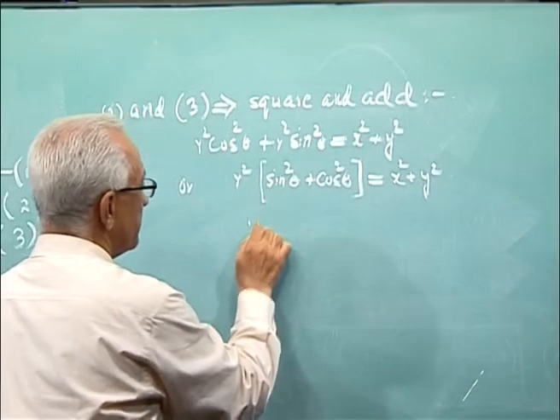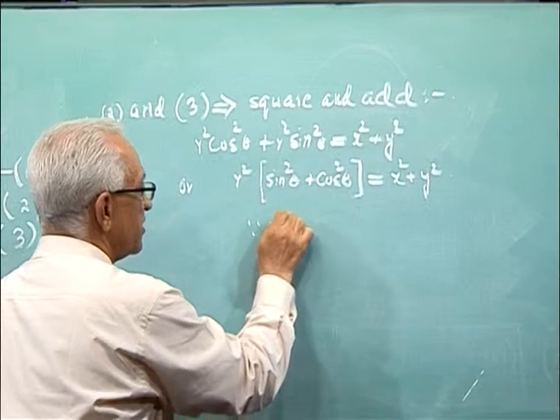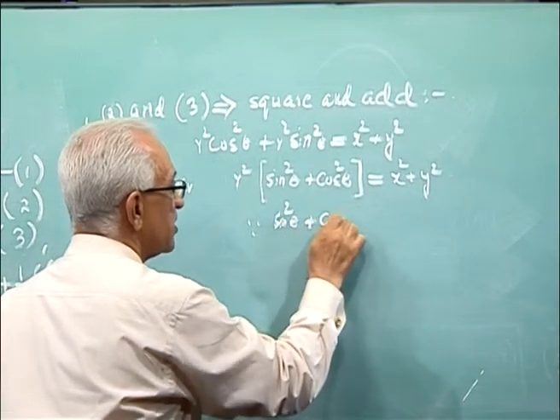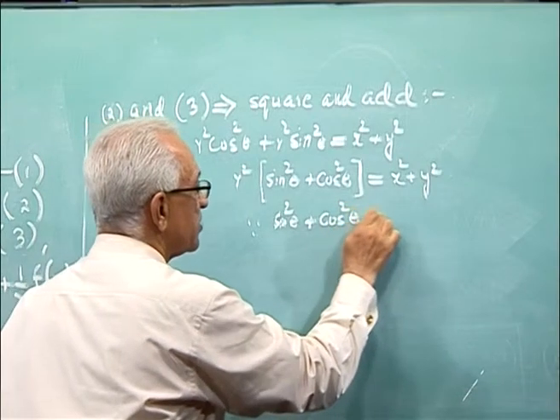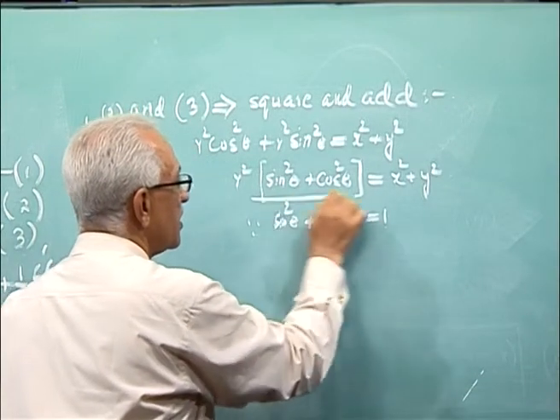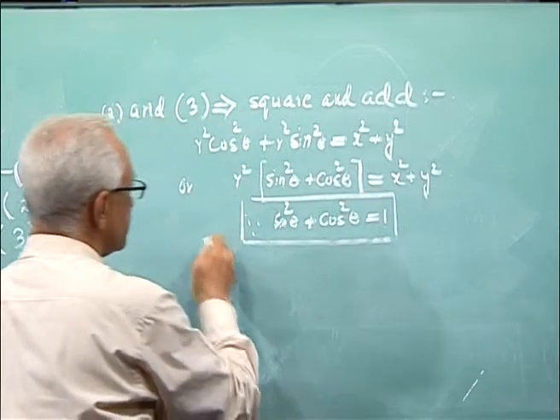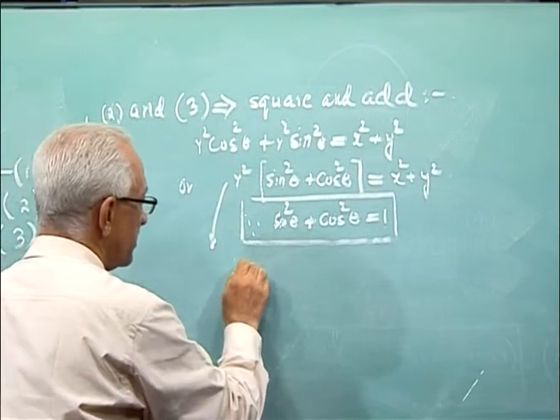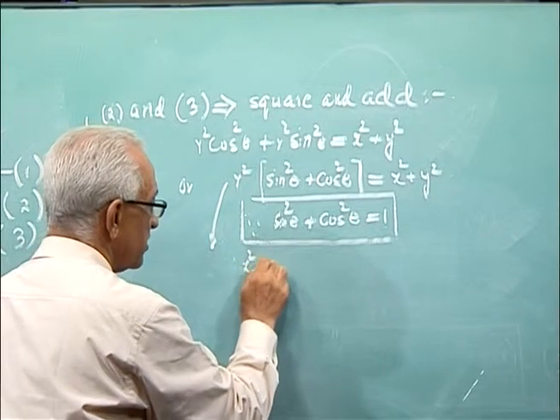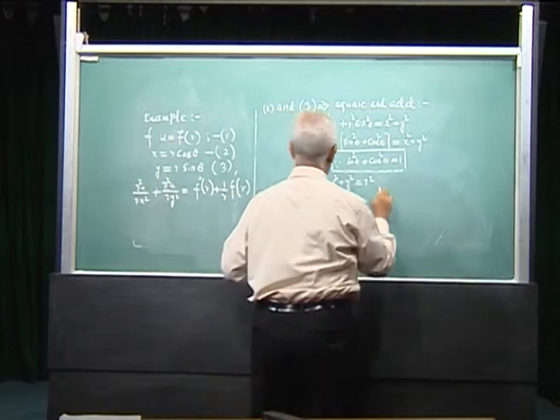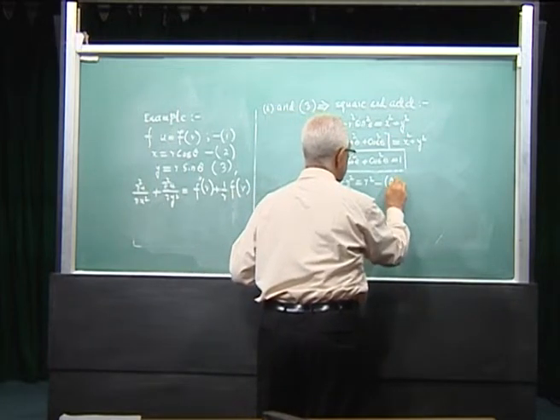We know from trigonometry that sin square theta plus cos square theta is equal to 1, and if this is 1, then from this relation I can directly get that x square plus y square is equal to r square. Let me call it equation number 4.